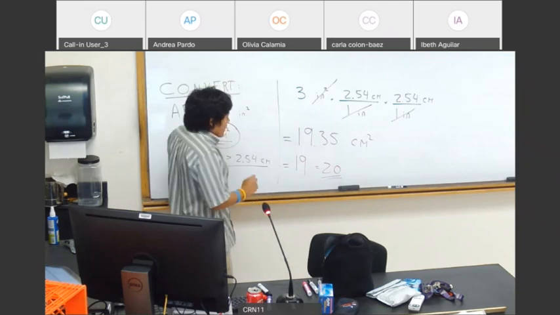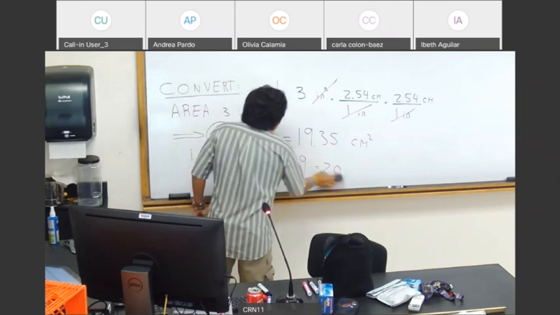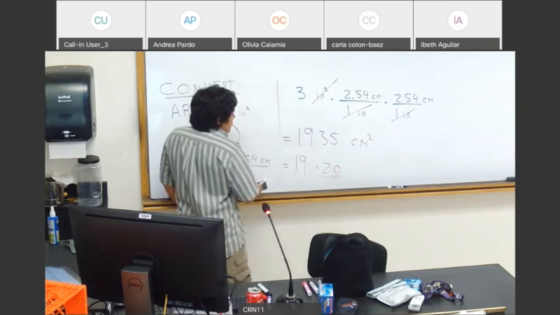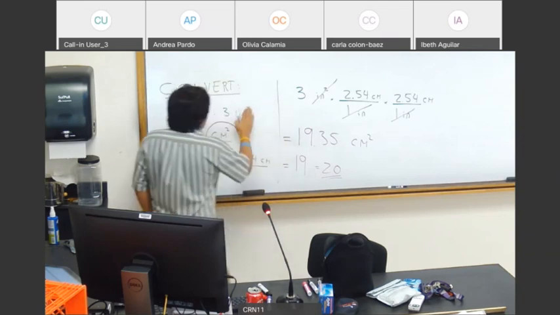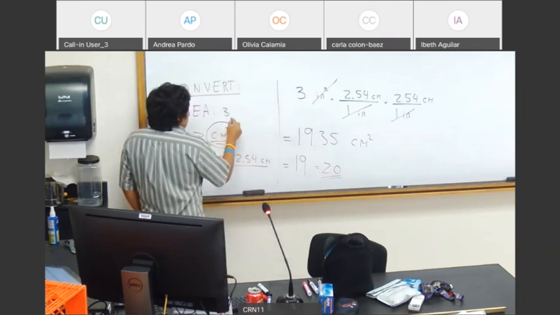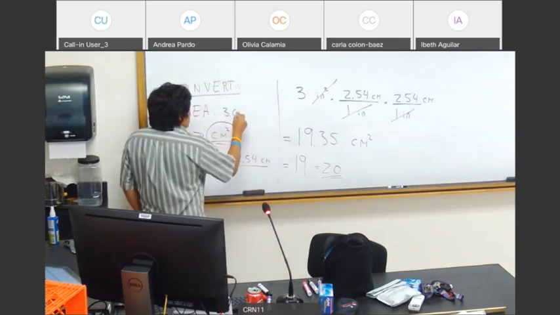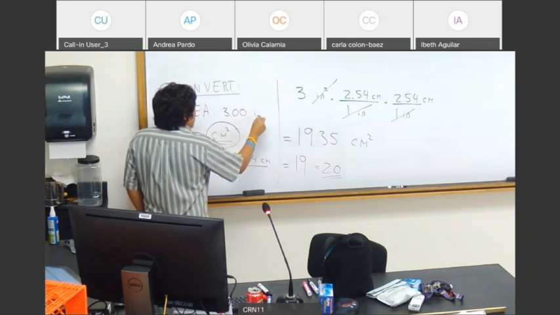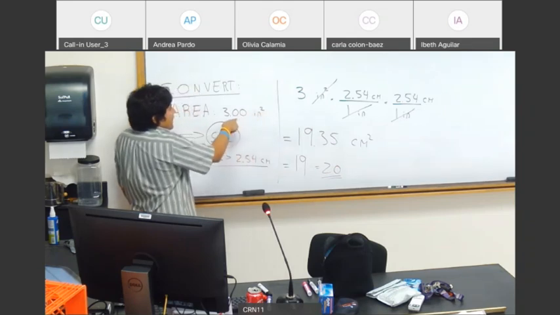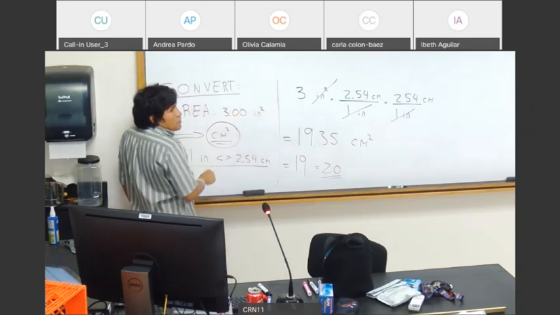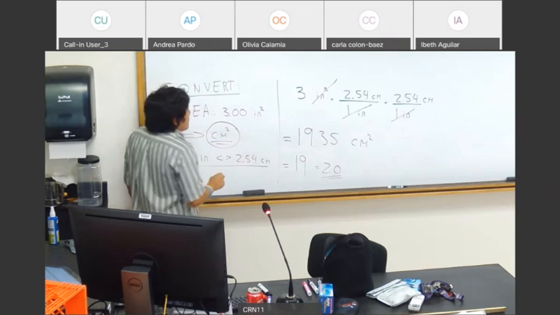All right. However, to make it more realistic, this 3, I will do it like this. See what I did there? When you write it like that, these 2 zeros are significant now, right?